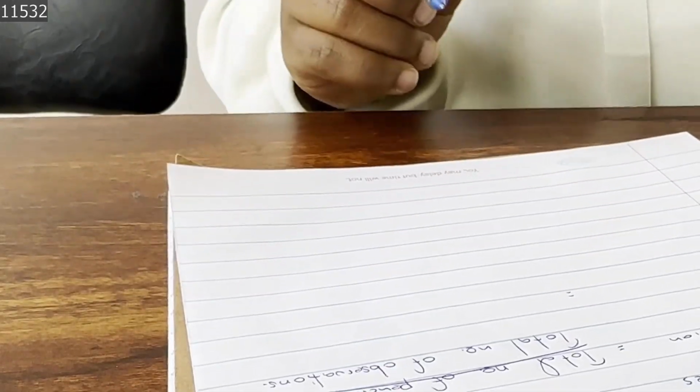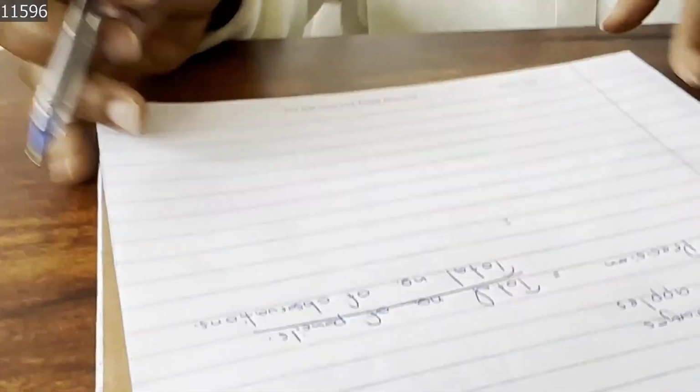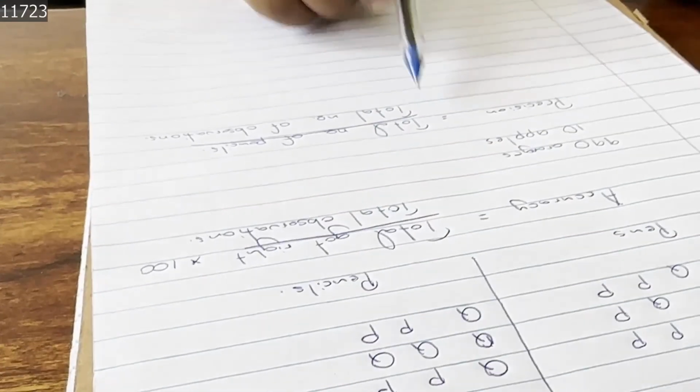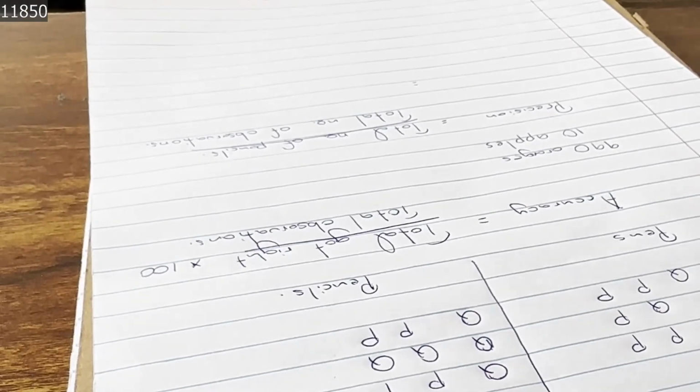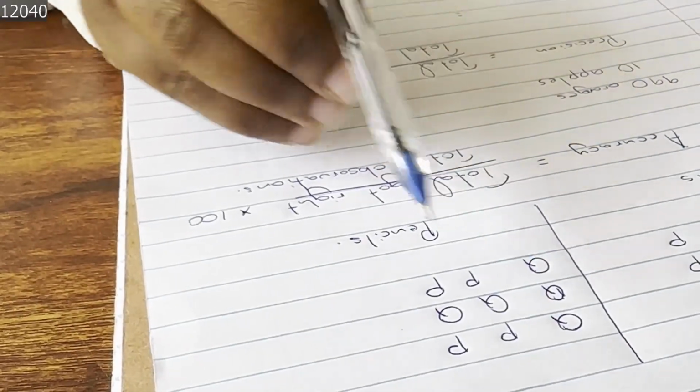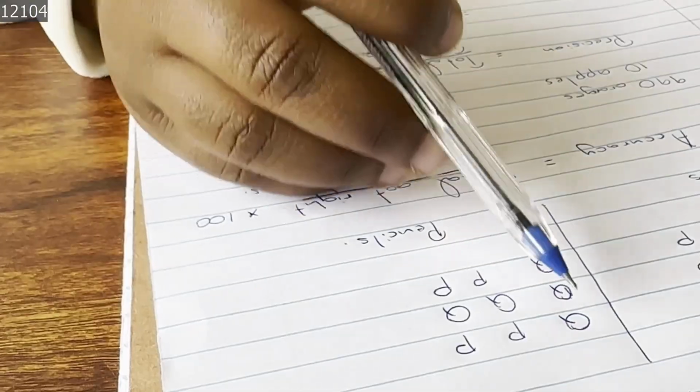Okay, so if we're finding precision, we ignore this bit and only consider this bit. So you count total number of pencils out of total observations. So that is basically pencils got right. 1, 2, 3, 4, 5.